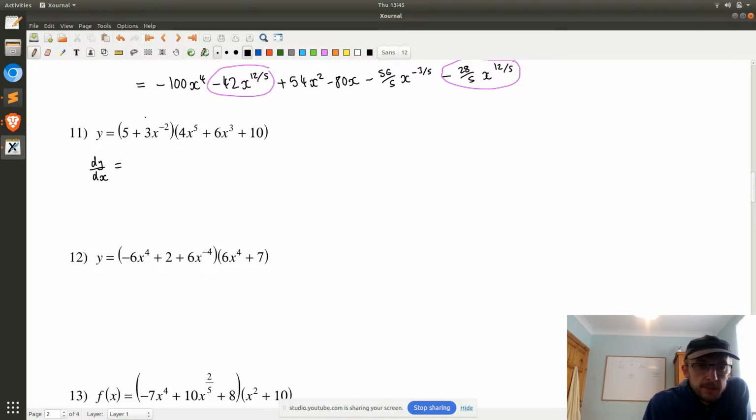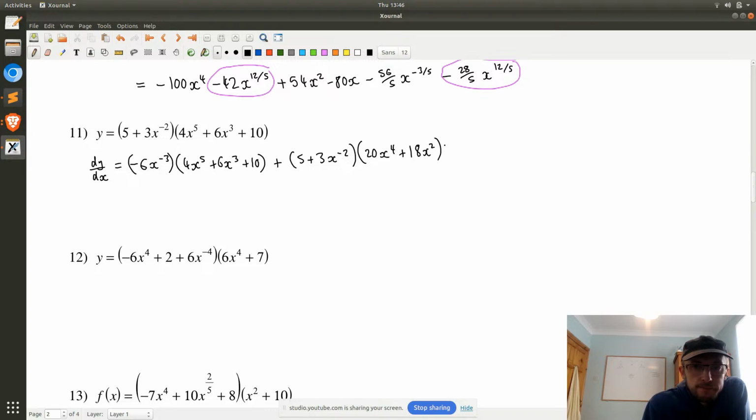Differentiate the first one and leave the second one alone. Differentiate the second one and leave the first one alone. So 20x is a 4 plus 18x squared.